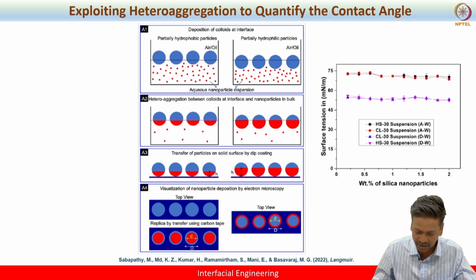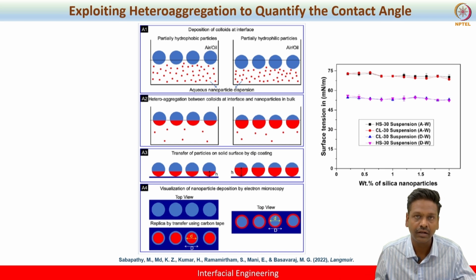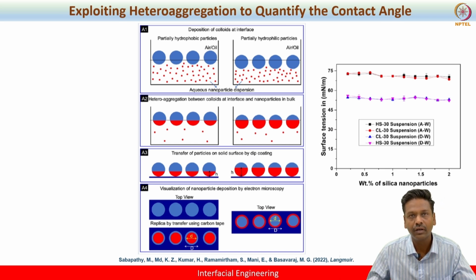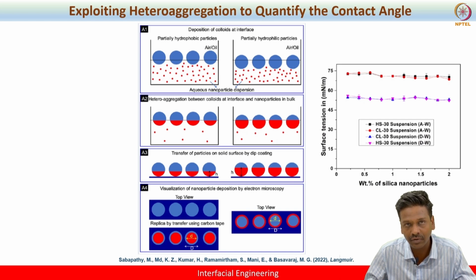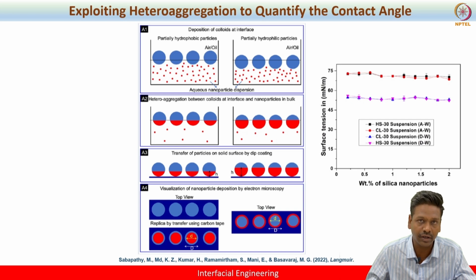So the shortcoming of the previous method is that you can only use that technique for positively charged particles, right? The particle that we have demonstrated is the amidine functionalized polystyrene particle, right?